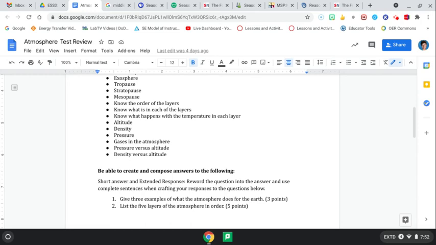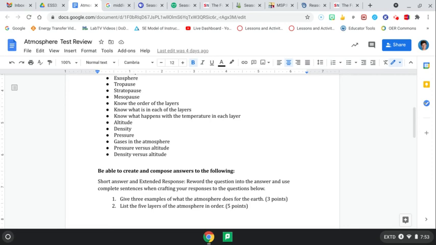So question 1, give 3 examples of what the atmosphere does for the Earth. So your answer should say 3 examples of what the atmosphere does for the Earth are, and then you have to construct the rest. Number 2, list the 5 layers of the atmosphere in order.